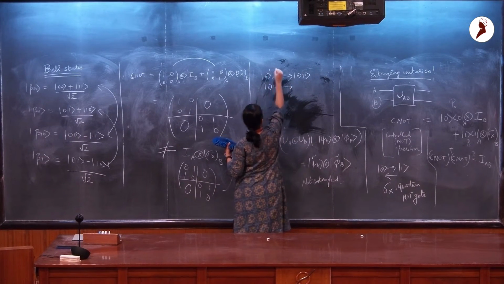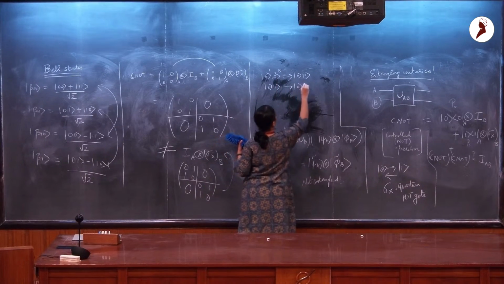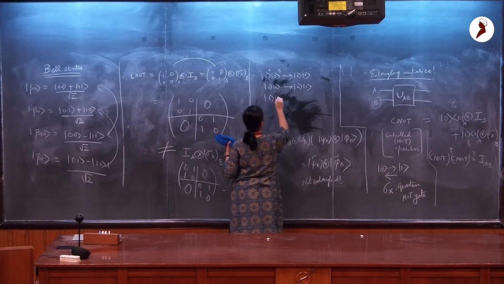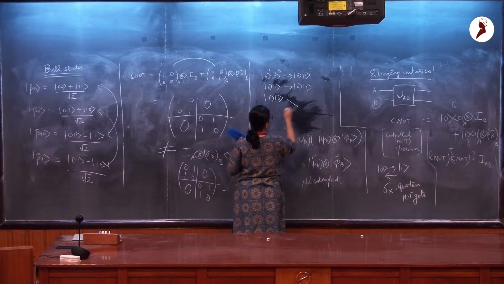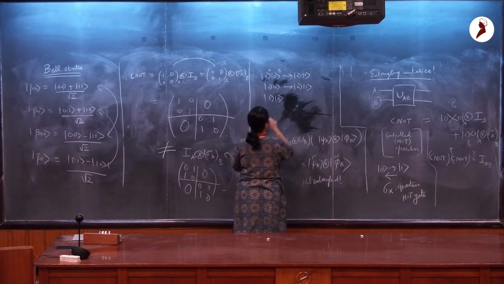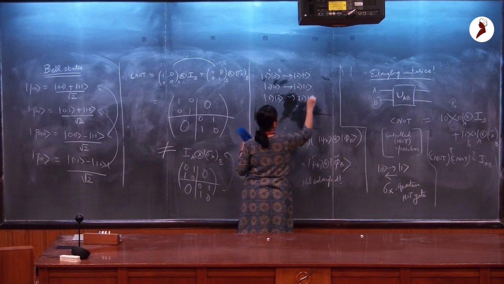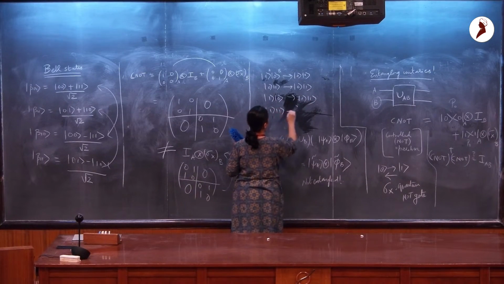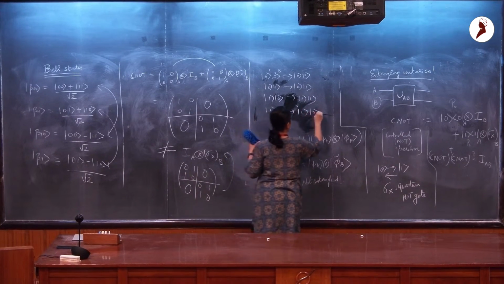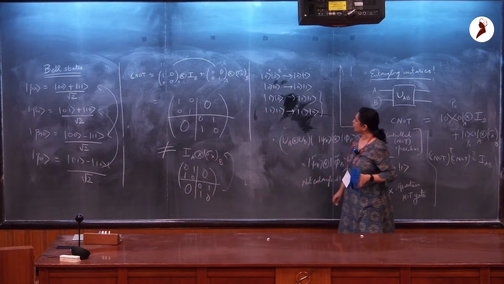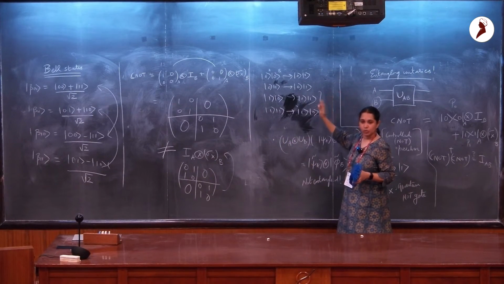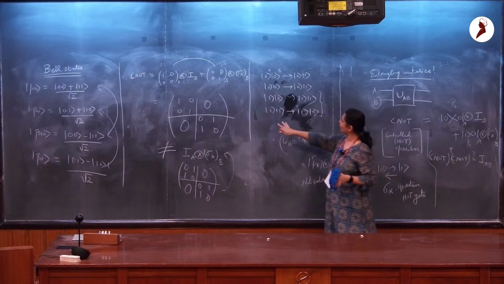So everywhere we assume that this is A and B, okay? Nothing happens, but 1, 0 will become 1, 1, and 1, 1 will become 1, 0. Yeah? So this does nothing to generate entanglement on product states.